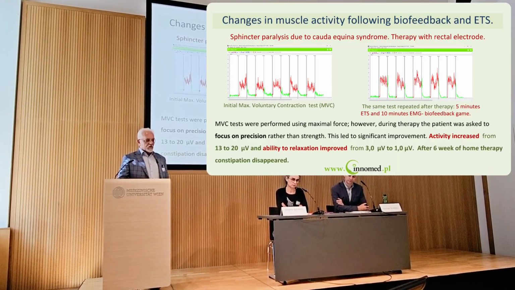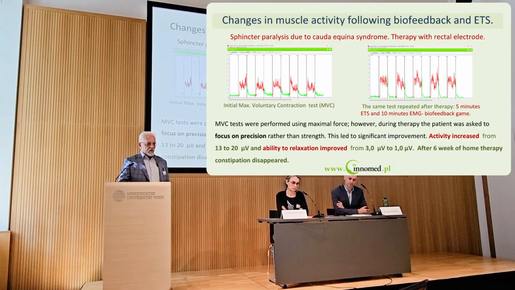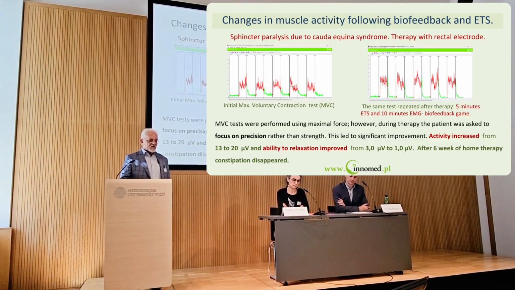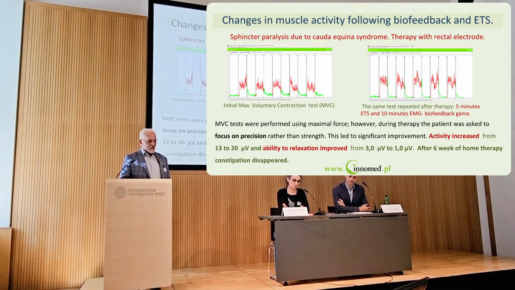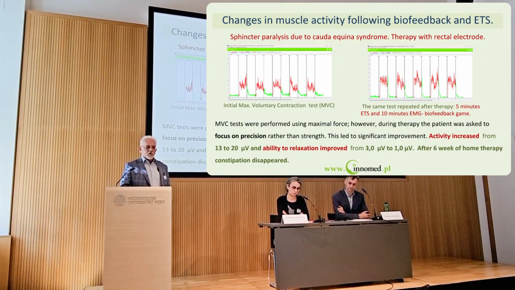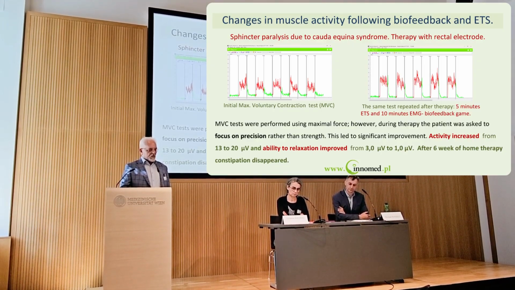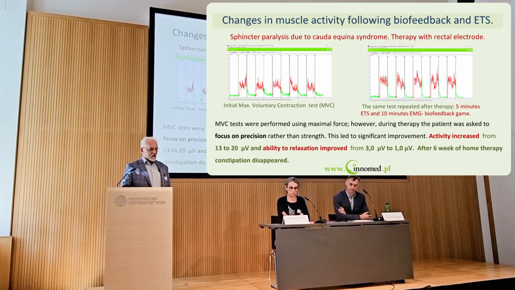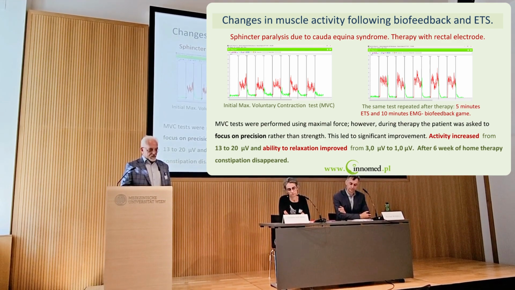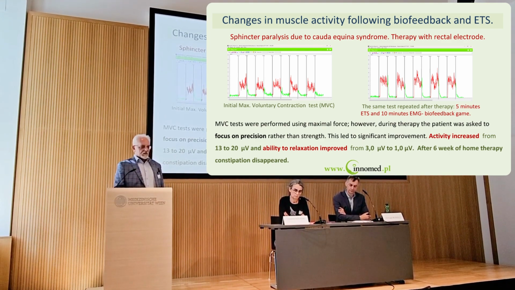Both tests were performed using maximum force. However, during therapy, the patient was asked to focus on precision rather than strength. This led to significant improvement. Activity increased from 13 to 20 microvolts, and ability to relax improved from 3 to 1 microvolts.